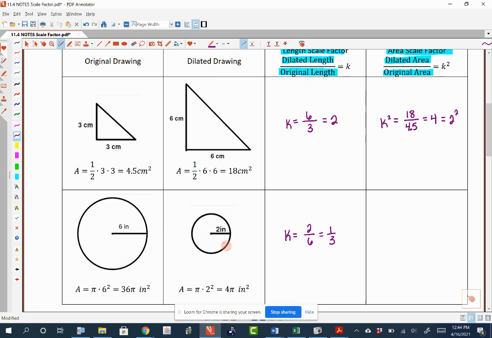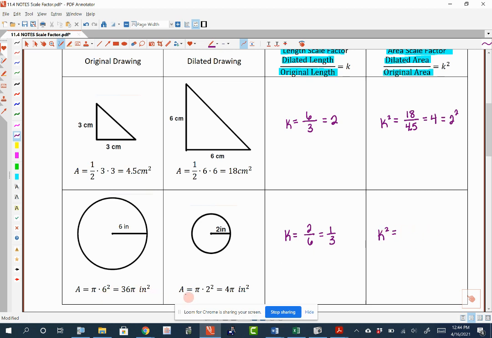So this radius 2 circle is 1/3 the size of its original. We should see a similar pattern as above. Above we saw 2, which ended up being 2 squared. Now we have 1/3, so our area should end up being 1/3 squared if we're doing this correctly.